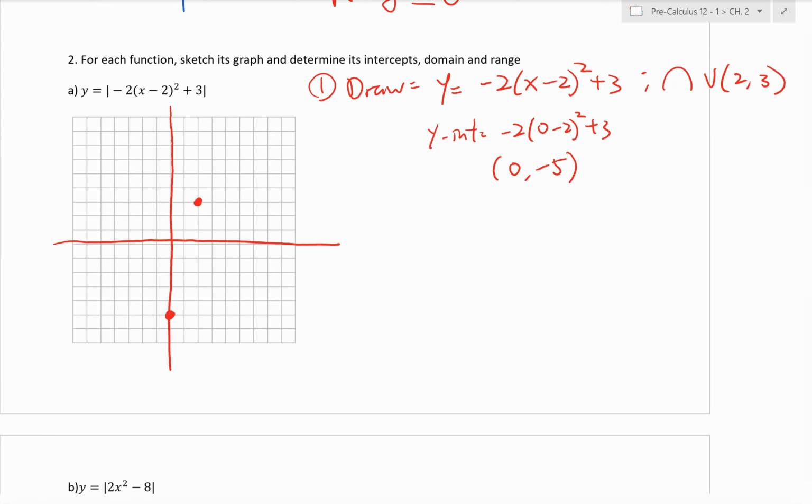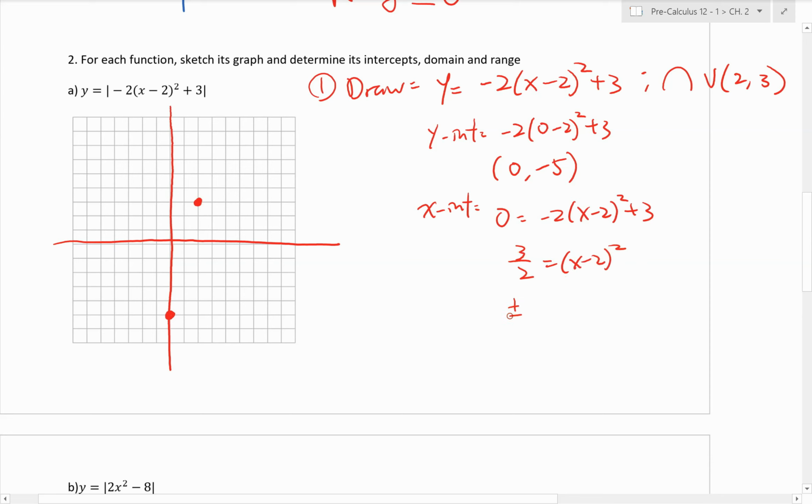The x-intercept in this case, I don't think it's going to be a nice number. To find the x-intercept, recall we put 0 into y. So 0 equals negative 2 times x minus 2 squared plus 3. Moving the 3 to the left and dividing both sides by negative 2, you should get 3 over 2 is equal to x minus 2 squared. Square root both sides, you get positive or negative square root of 3 over 2 equals x minus 2.